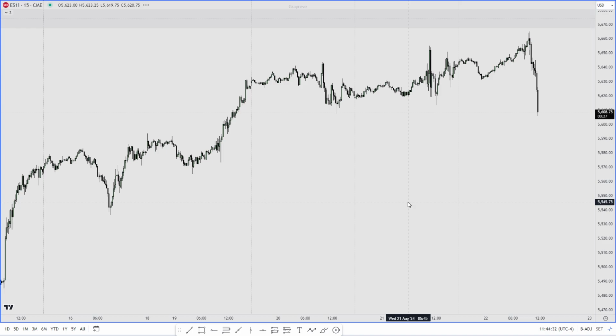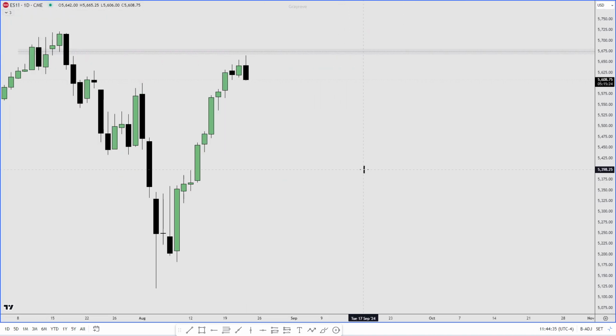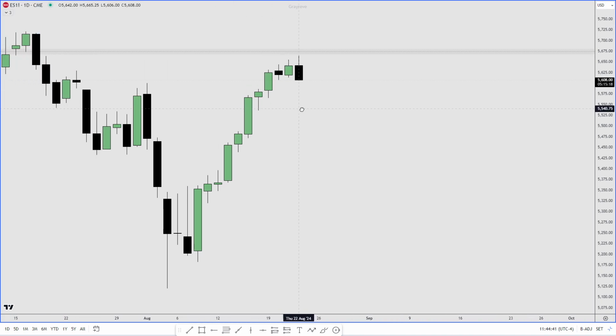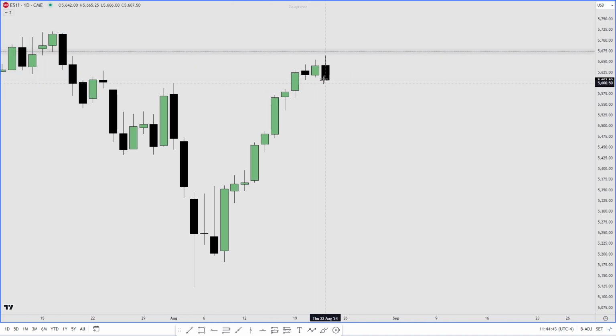Alright, so on a daily time frame, we have reached into this inefficiency. On a Thursday, if you take a look at the weekly forecast, it's pretty obvious that I called this out.